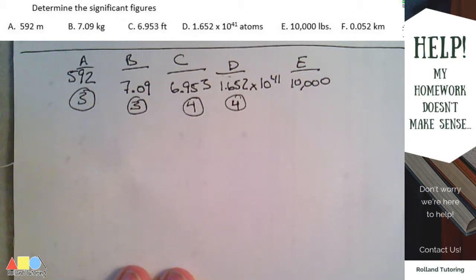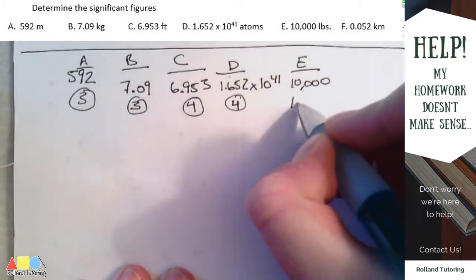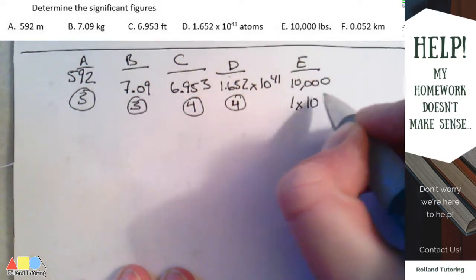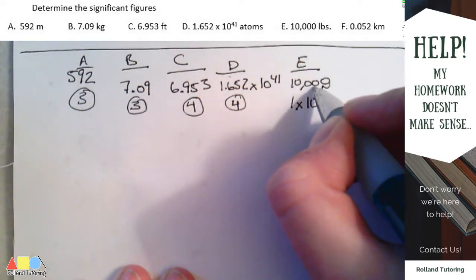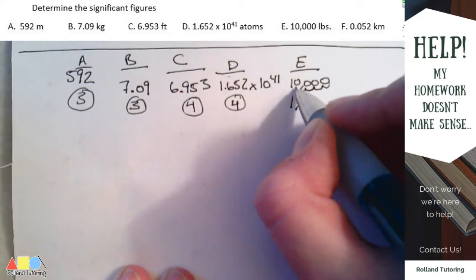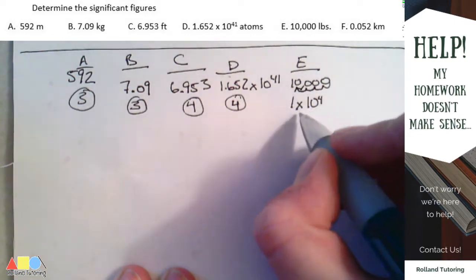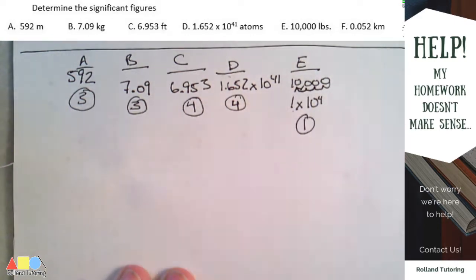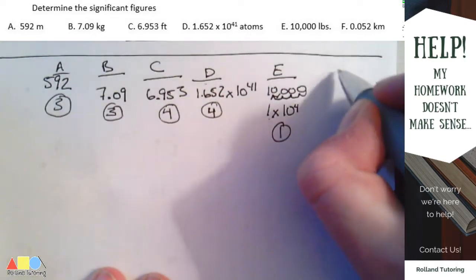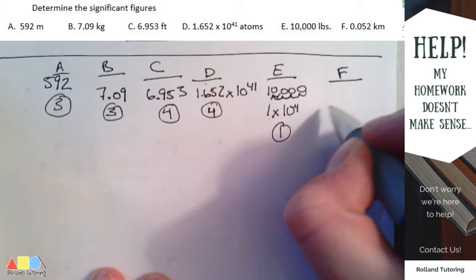And that is why you should use scientific notation, because otherwise we don't really know how many there are. So we could rewrite this as 1 times 10 to the 1, 2, 3, 4, which would give us 1 significant digit.